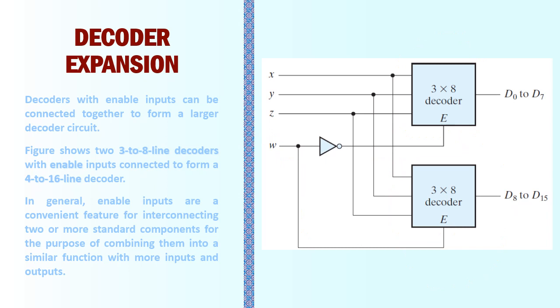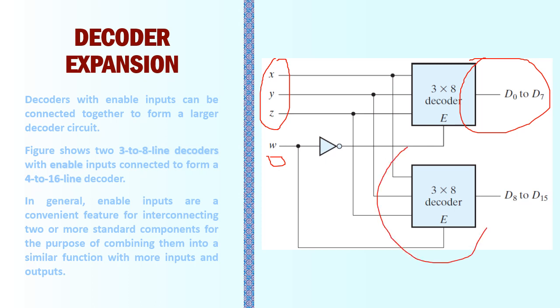It means when W is equal to 0, then depending upon the combination of X, Y and Z from 0, 0, 0 up to 1, 1, 1, all 8 output lines of the upper decoder will get decoded. And the lower decoder is not working, because its enable is equal to 0, because of W being 0.